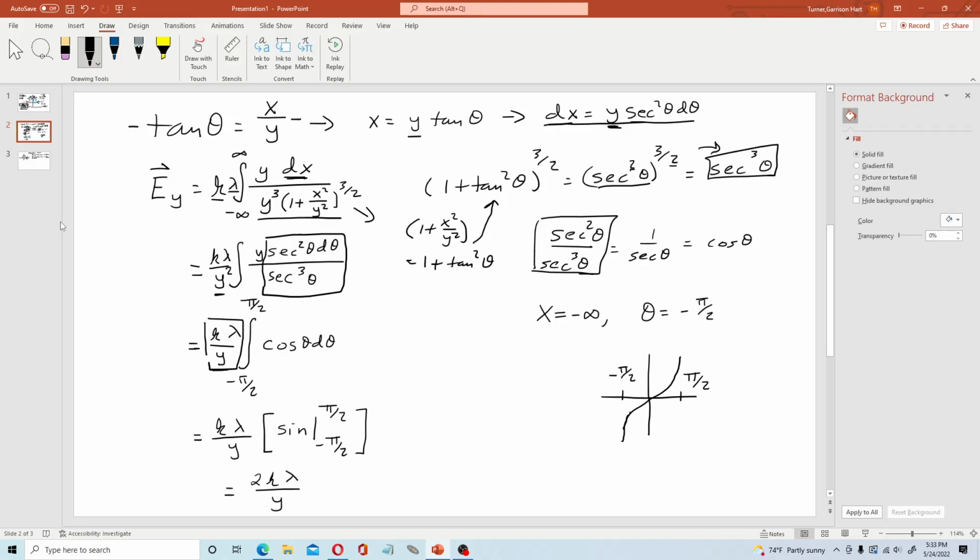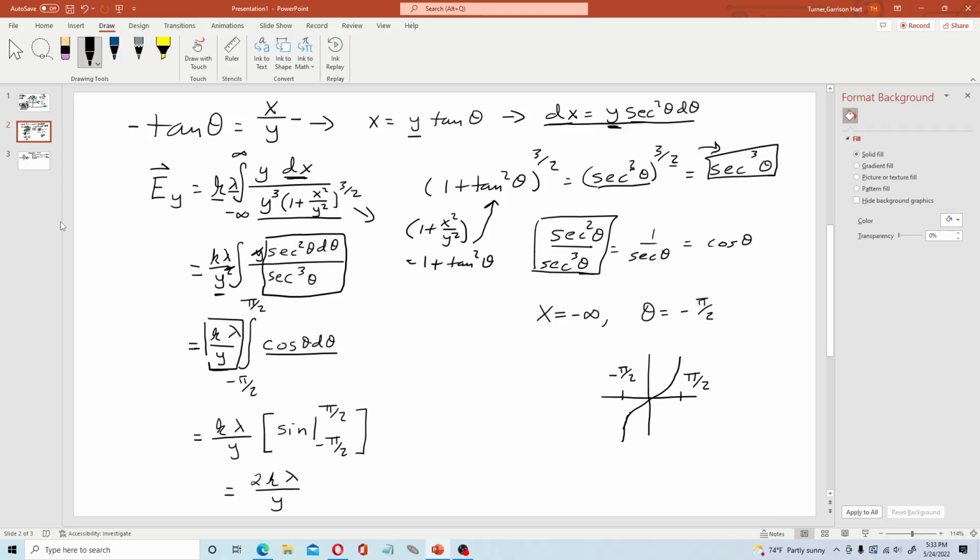So in the integral, I'm left with cosine theta d theta after I cancel out the y there with the y squared there. And so I just have k lambda over y, integral of cosine theta d theta.